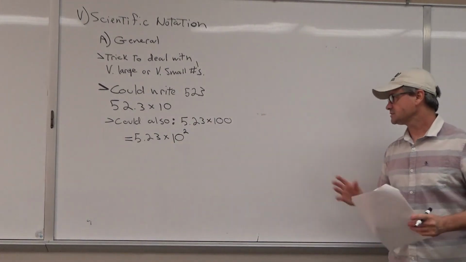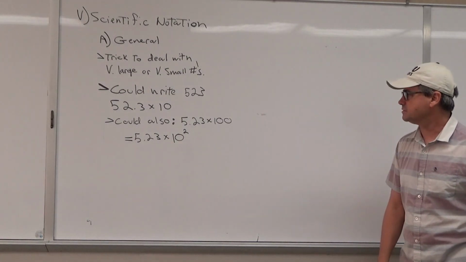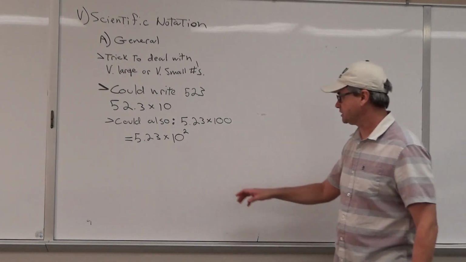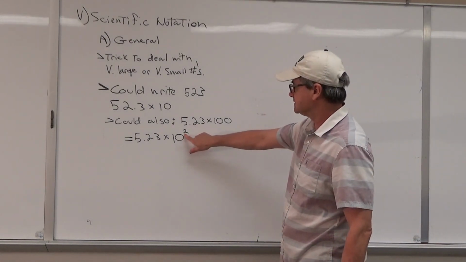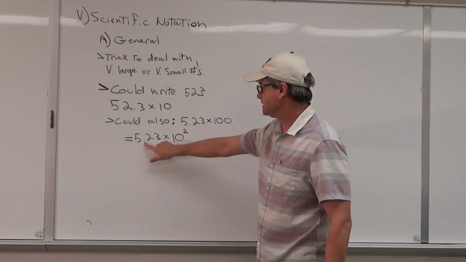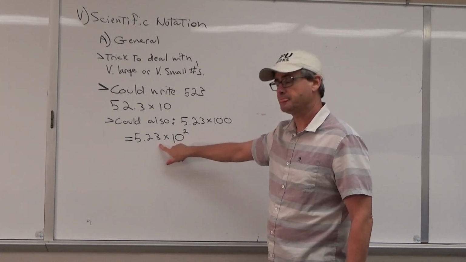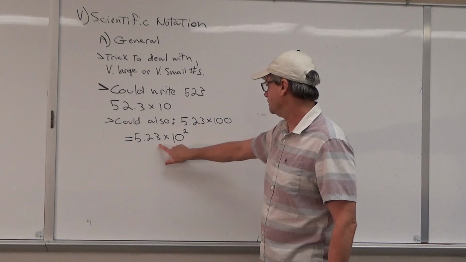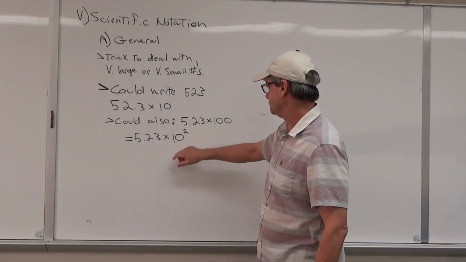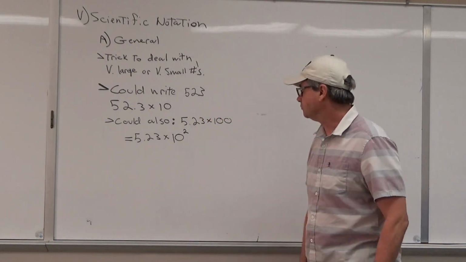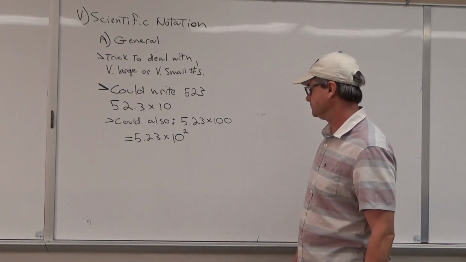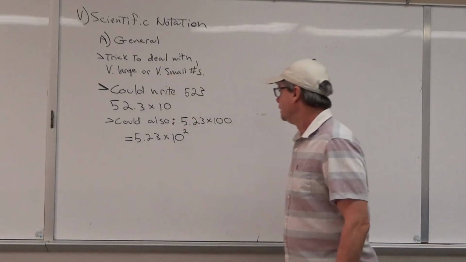Maybe you could describe that as the key jump in logic here, that the 2 is essentially telling you how many decimal places this thing needs to move, to convert it back to the real way of expressing it.